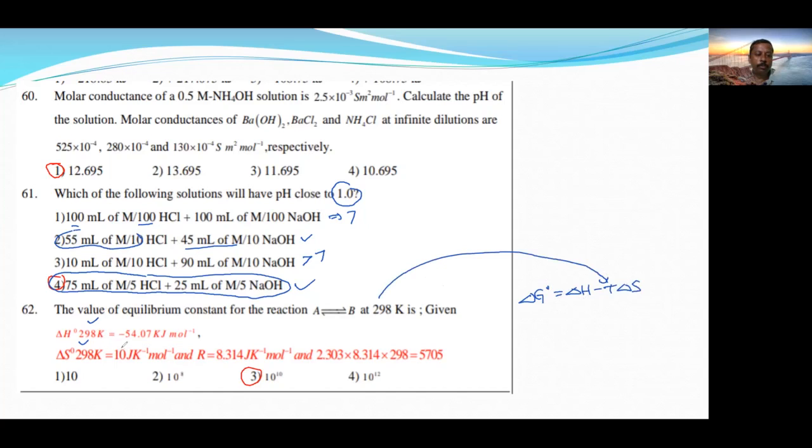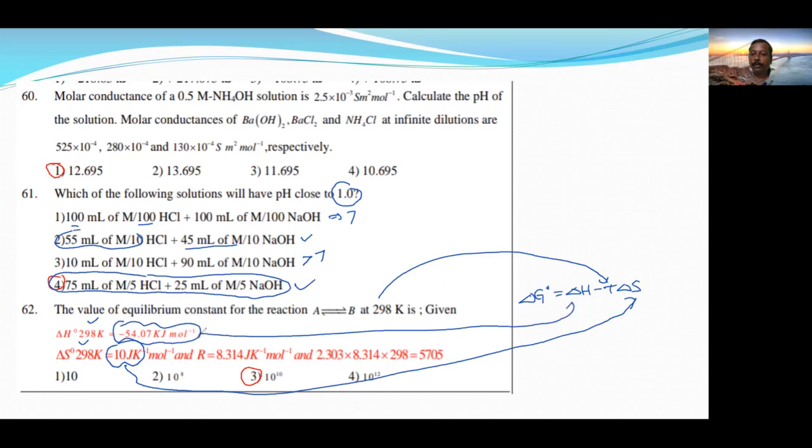And the mistake most students make is with the units. Here S is in joules and delta H is in kilojoules. So kilojoules must be converted into joules, then substitute. Then you will get delta G naught.